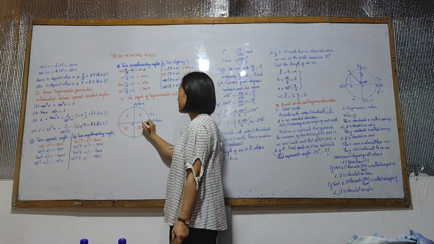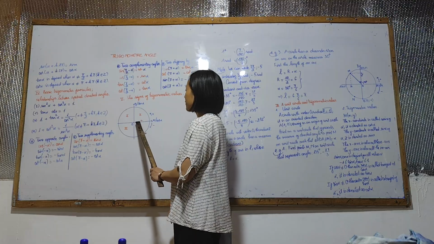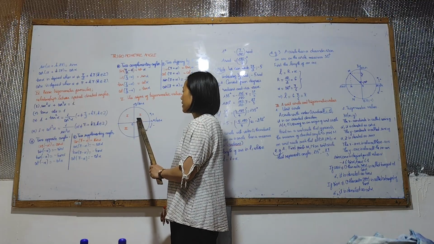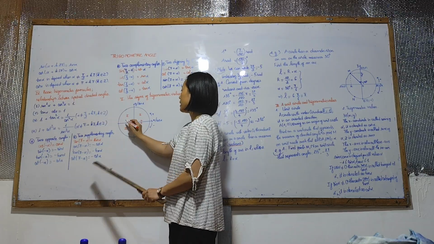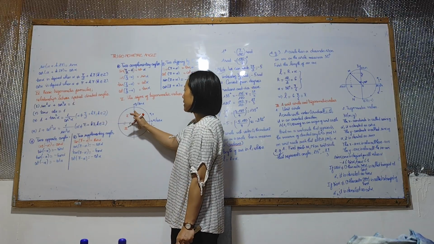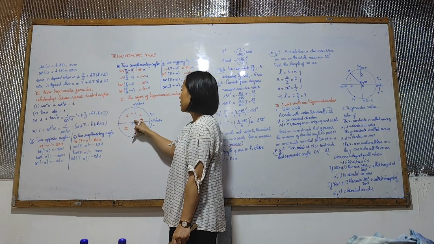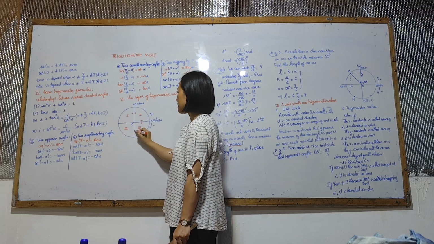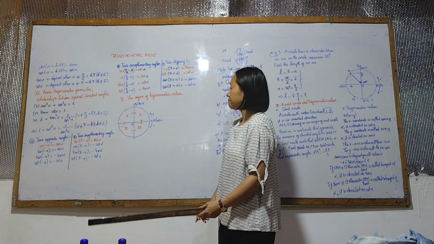We have cosine alpha greater than 0 from this side and less than 0 from this side. And sine alpha is greater than 0 from this side and less than 0 from this side. Okay.